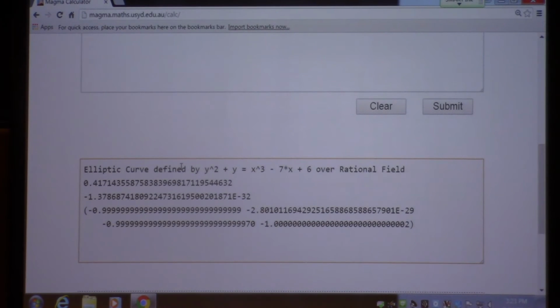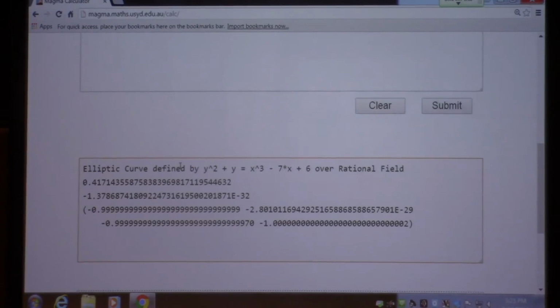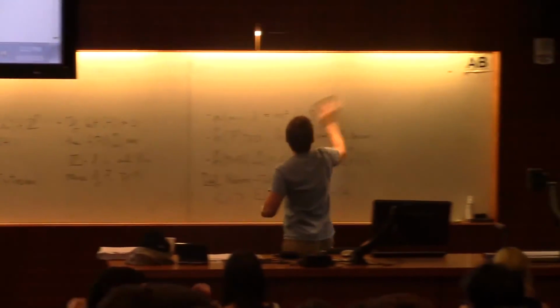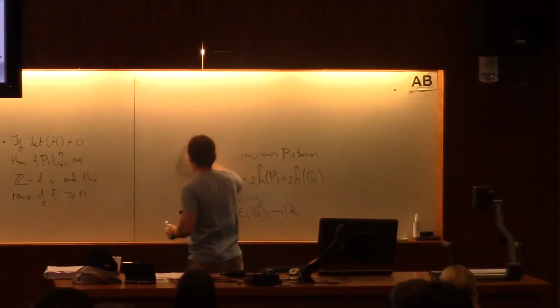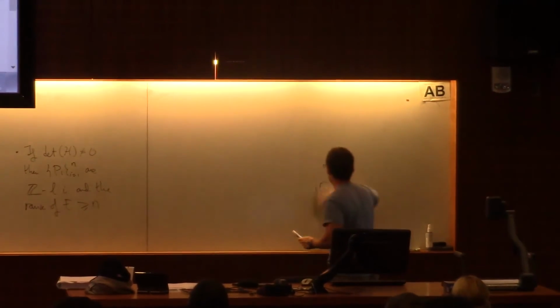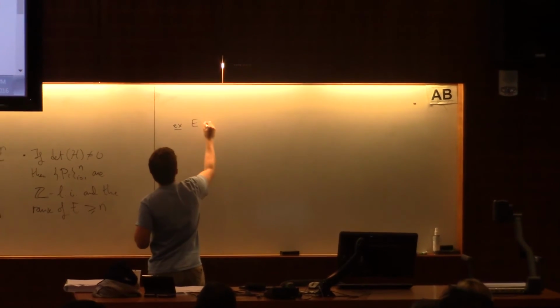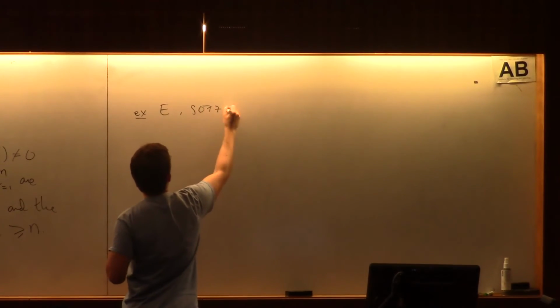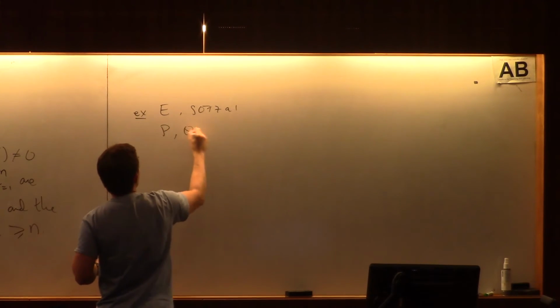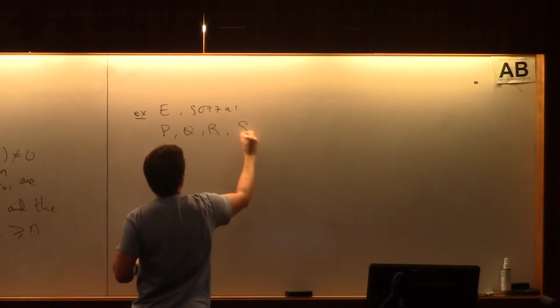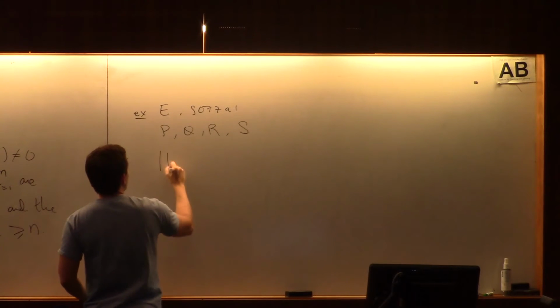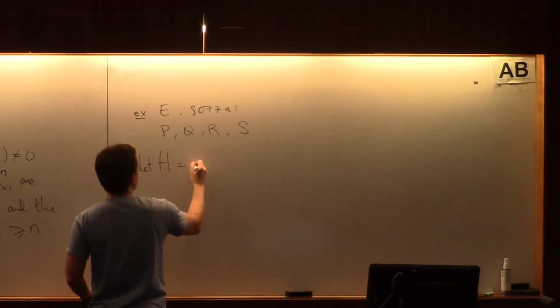What this is saying is that, where was I? So I had E, that was this elliptic curve. I had P, Q, R, and then I put an S. The height matrix, the determinant of this is 0.